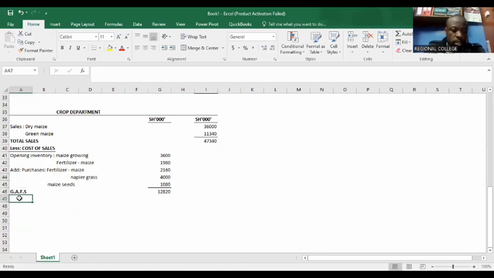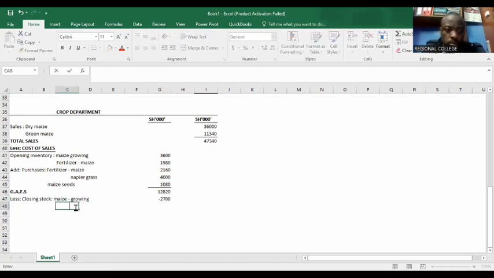So you can less closing stock. Maize growing is 2,700. Subtract that one.